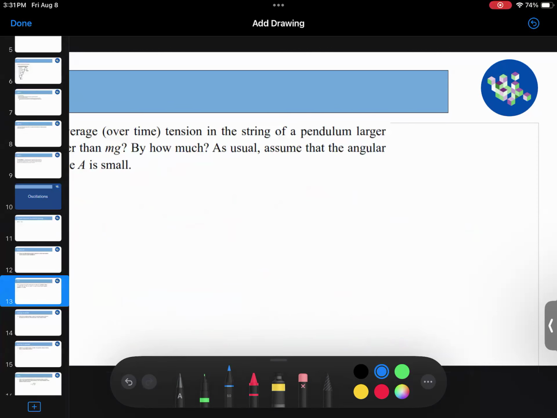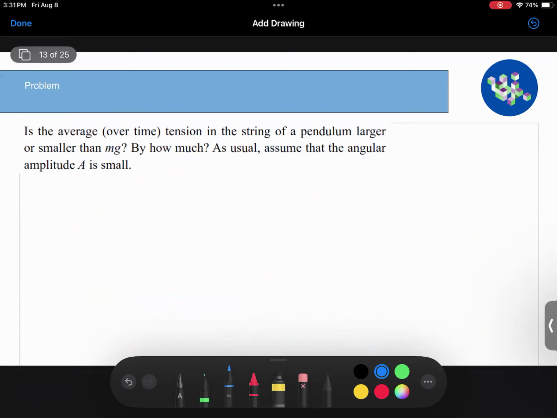Here's a problem. Is the average over time tension in the string of a pendulum larger or smaller than mg, and by how much? As usual, assume that the angular amplitude A is small. I'll let you do the problem while I draw a diagram.